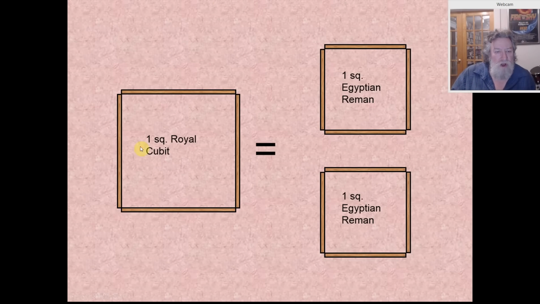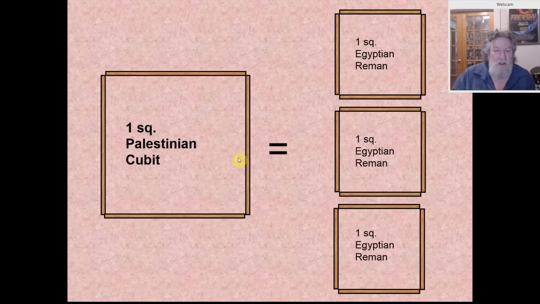One square royal cubit was equal to 2 square Remens in area. So this exact area of these two added together equals the square royal cubit. If we take 1 square Palestinian cubit, it was equal in area to exactly 3 square Remens.